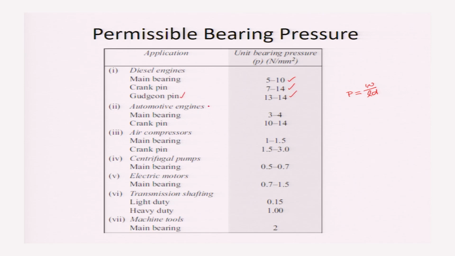For automotive engines, main bearing, this one, crank pin, this one. For air compressor, this one. So, for different applications, you may find the range of the unit bearing load. From your application, if you have selected a particular value of L and D is fixed, you must check whether your P is coming within this range or not.